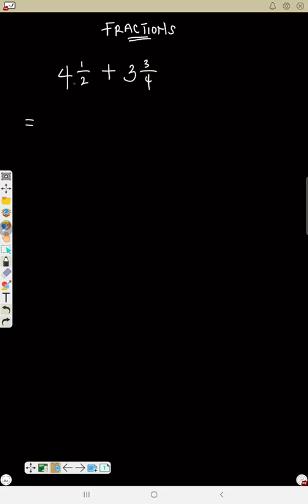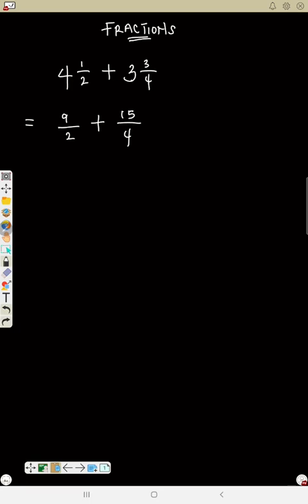So that will be 4 times 2 is 8, plus 1, as in this 4 times 2 is 8, then plus the 1 on top, that is 9. So 9 over 2, plus 3 times 4 is 12, plus 3 is 15. So plus 15 over 4. So that's how you can change a mixed fraction to improper fraction.